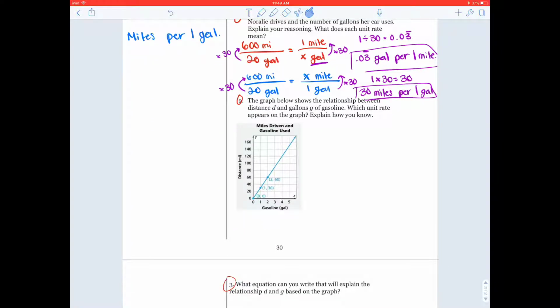Let's keep going. It says the graph below shows the relationship between distance d and gallons g of gasoline. Which unit rate appears on the graph? And explain how you know.